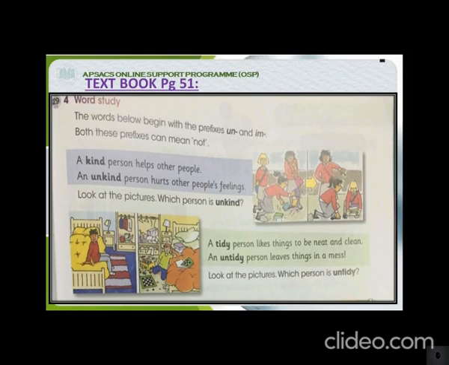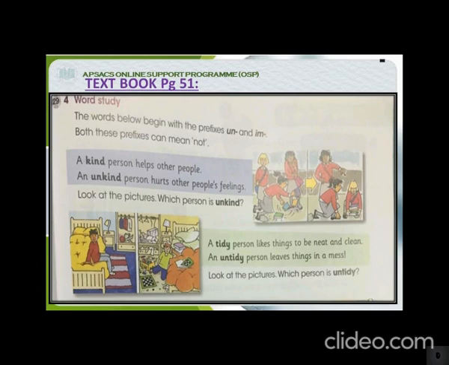An unkind person hurts other people's feelings. Kind, unkind. Just by adding un to the word kind, the meaning has completely changed. You can even look at the picture and note which person is kind and which person is unkind.